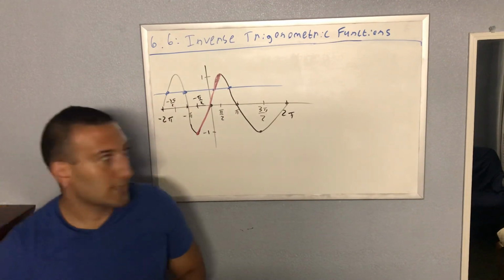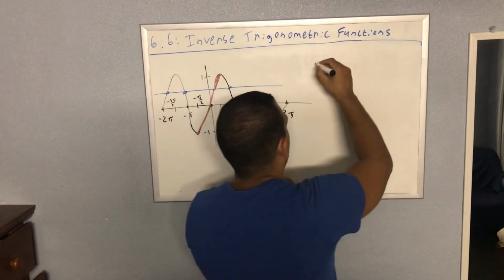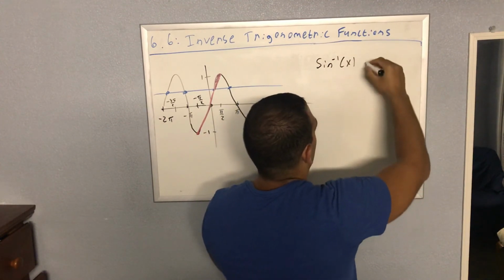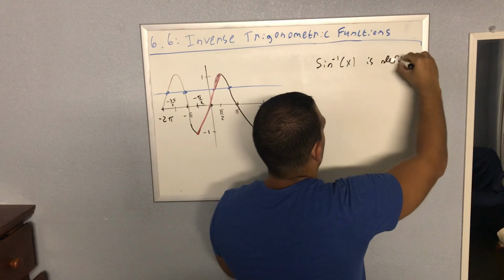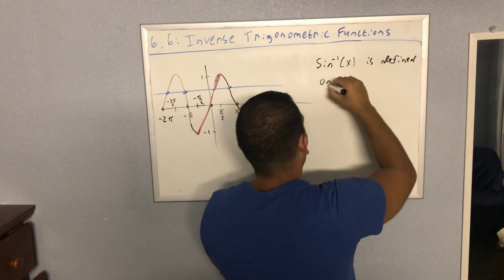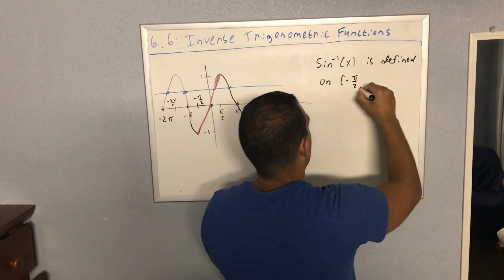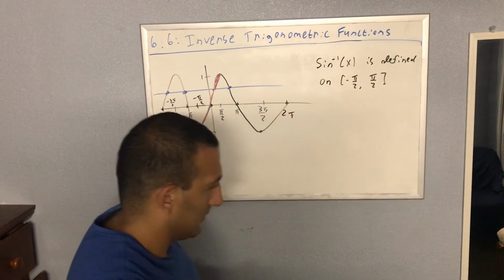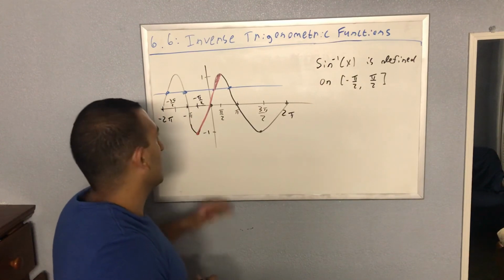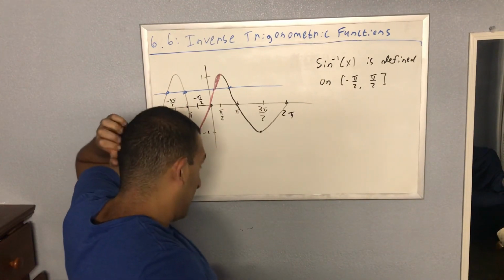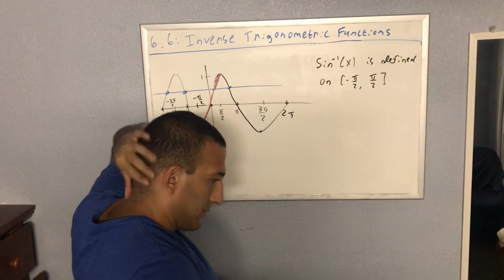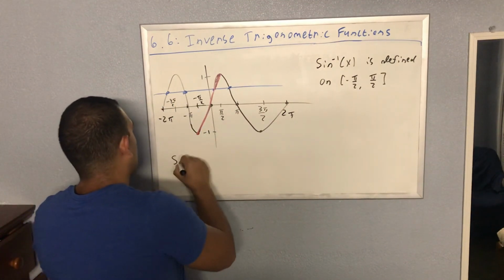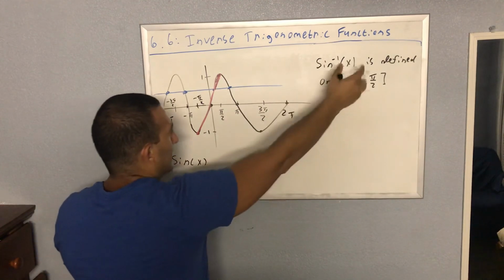So sine inverse x, the inverse of sine, is defined on -pi/2 to +pi/2. What I'm saying is, if you look at sine x, this may be a little ambiguous.